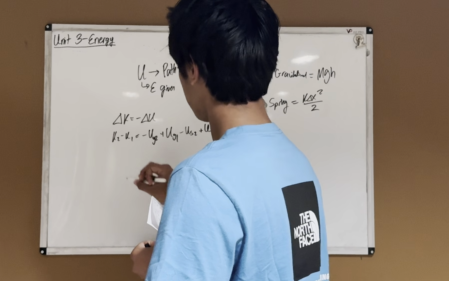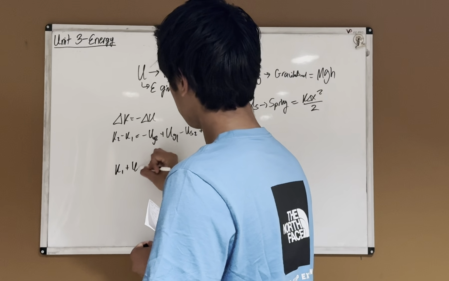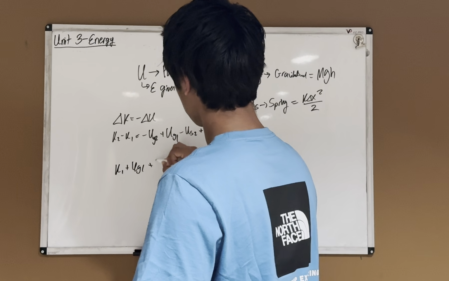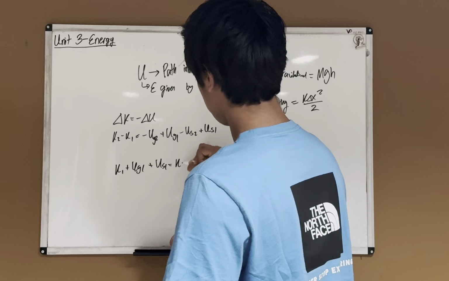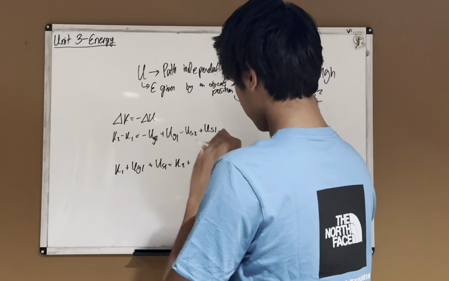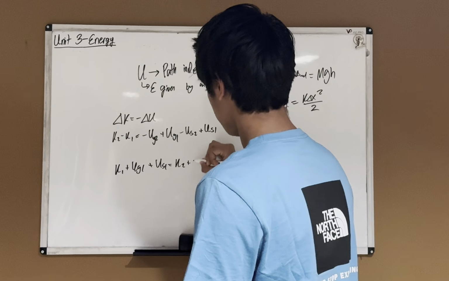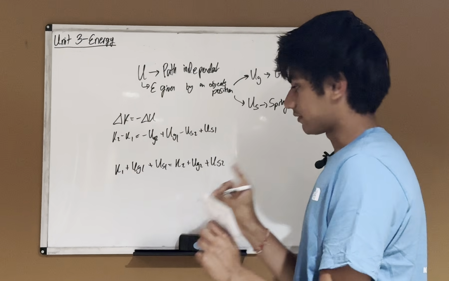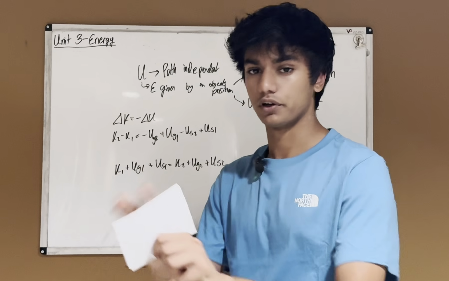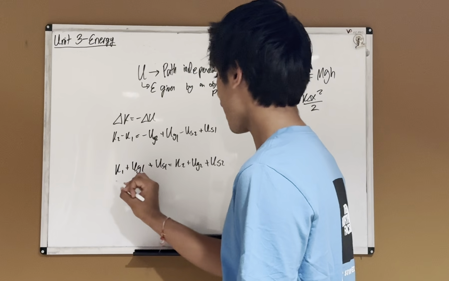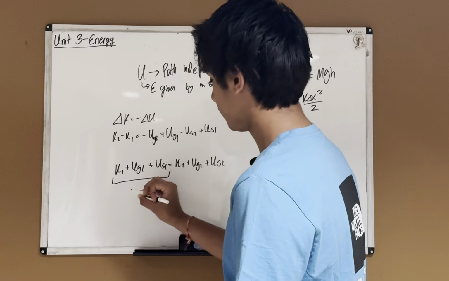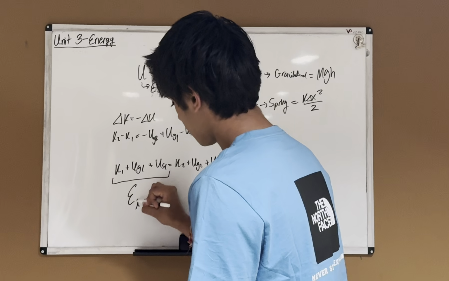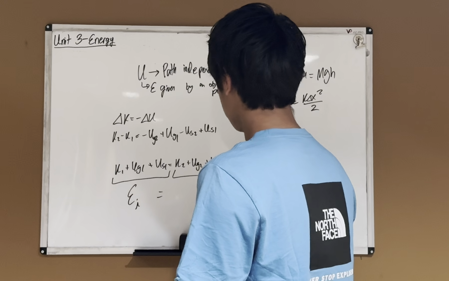We can move the K to this side, and we get K1 plus U_G1 plus U_S1 is equal to K2 plus U_G2 plus U_S2. This shows us that in a closed system where no energy escapes, the initial energy is equal to the final energy.